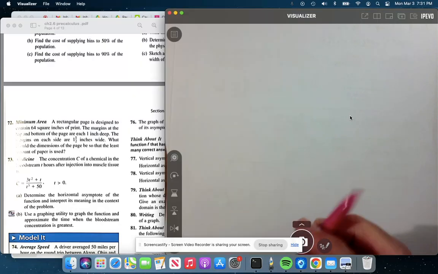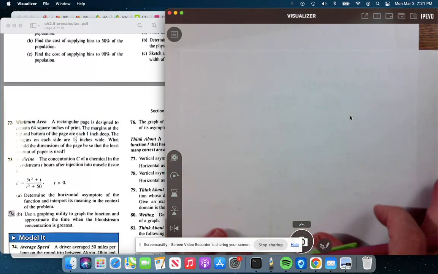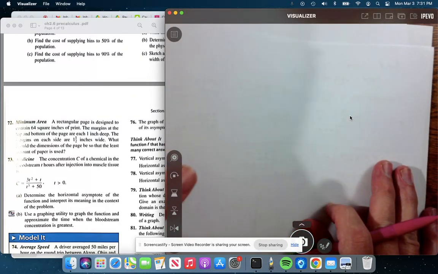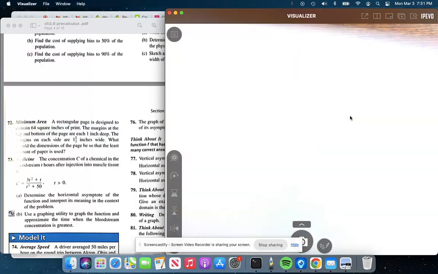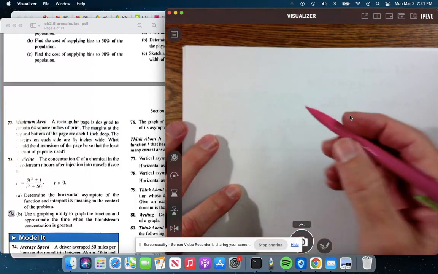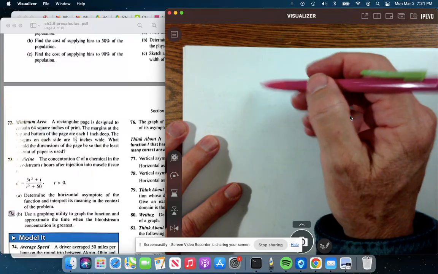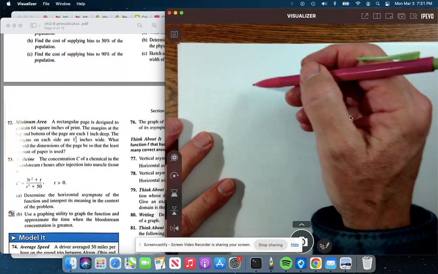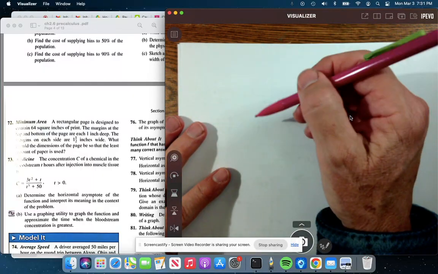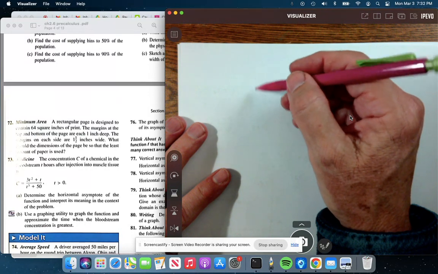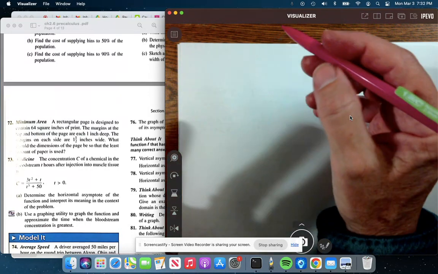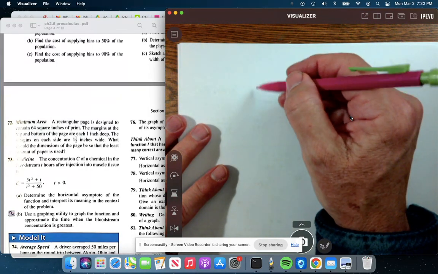All right, so let's take a look at what this is all about. So you have this piece of paper, and we don't know what the shape is, because the question is what shape should it be so that you don't use too much paper. You use the least amount of paper possible, right?